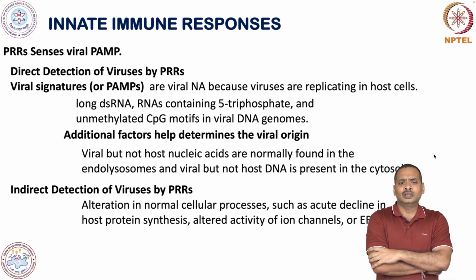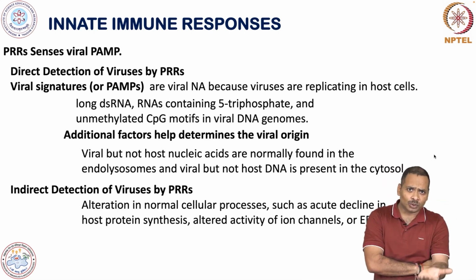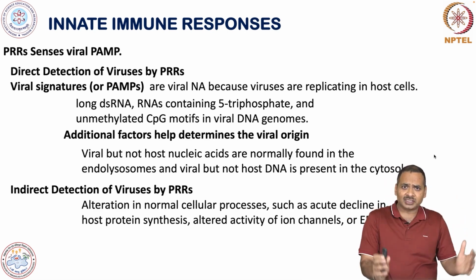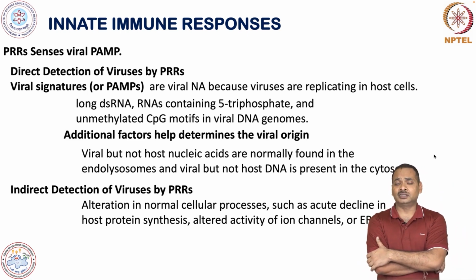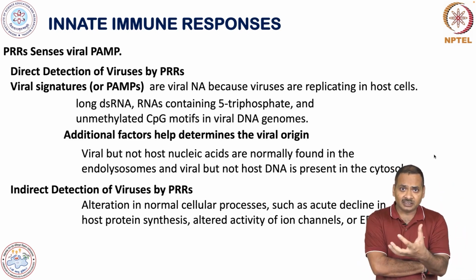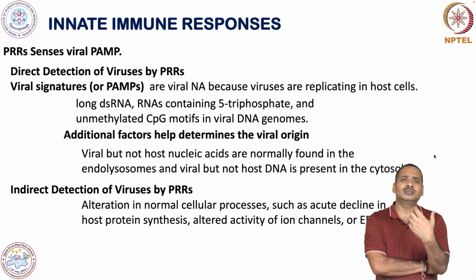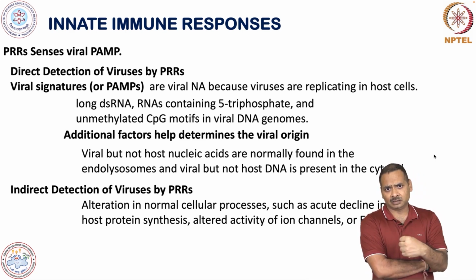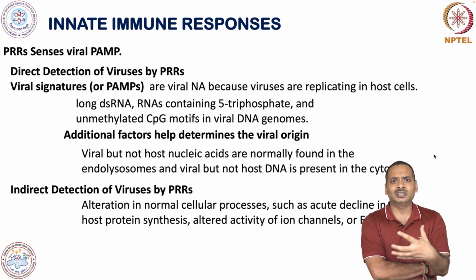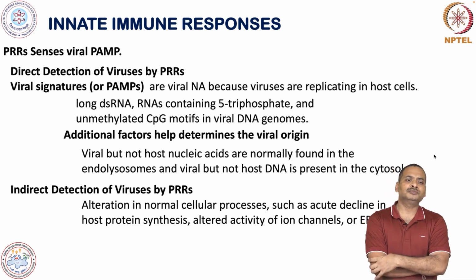That is what I want to highlight. This is also sensed by the pattern recognition receptors, and when this is sensed, in general the cell triggers its own death, which we call programmed cell death.